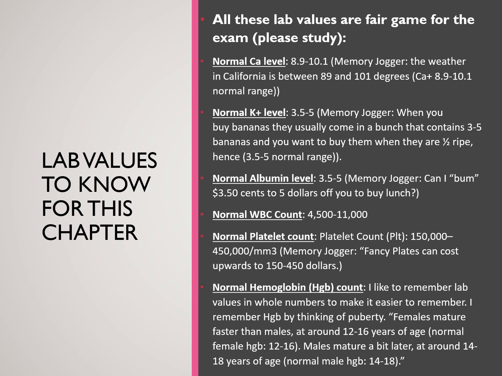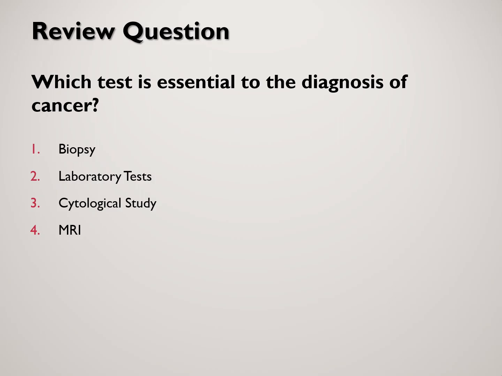Males mature a bit later, at around 14 to 18 years of age. Normal male hemoglobin is 14 to 18. So some labs differentiate between what's normal for females and what's normal for males, such as the hemoglobin. So make sure you study these lab values.